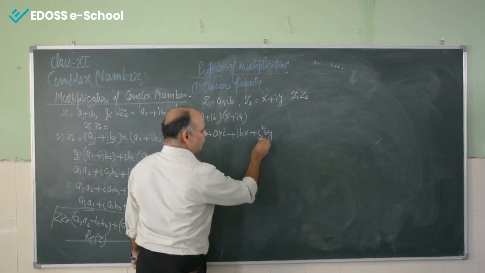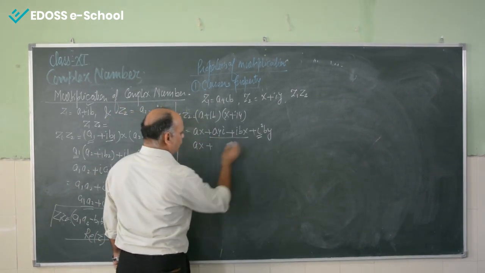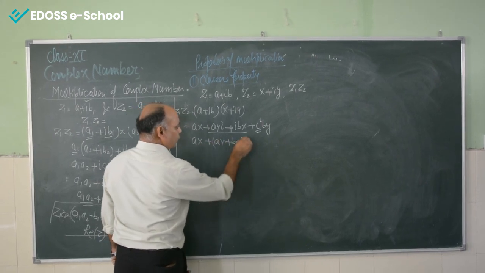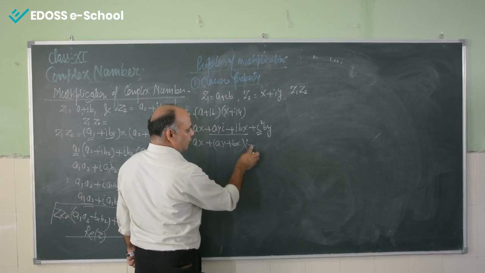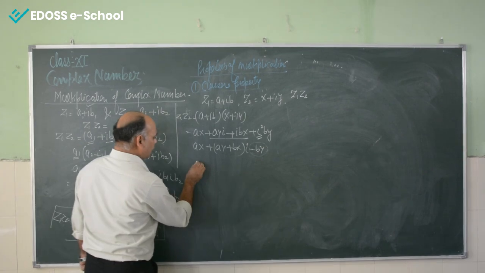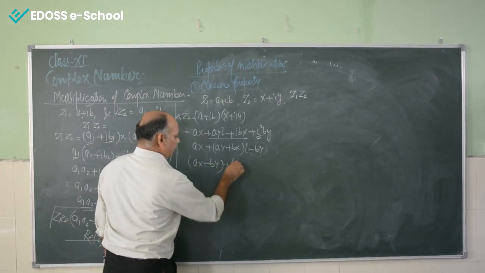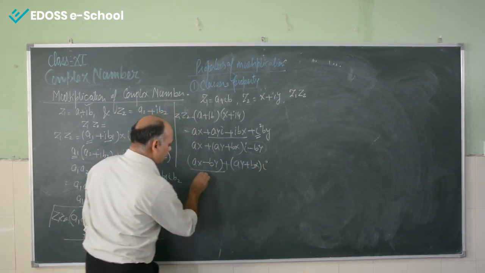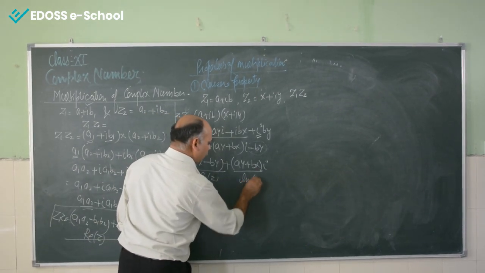Then iota square will be equal to minus 1, and this can be written as ay plus bx of iota, plus iota square equals minus 1, so I will write here minus of by. Then this minus of by is the real part, then ax minus by plus ay plus bx of iota. This is the real part of Z, and this is the imaginary part of Z.